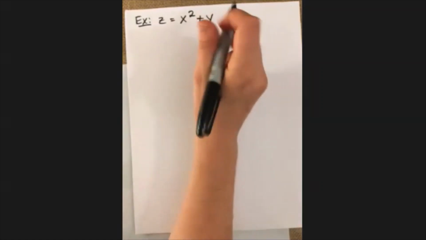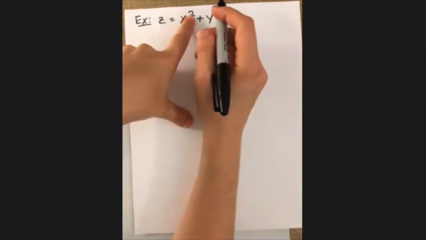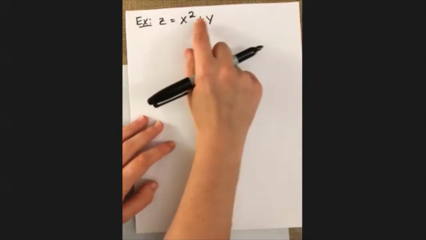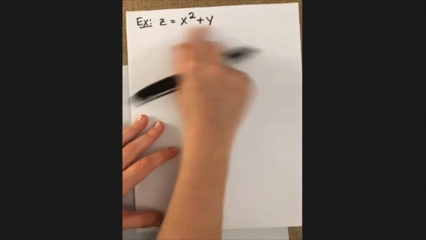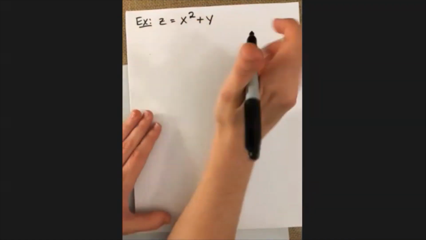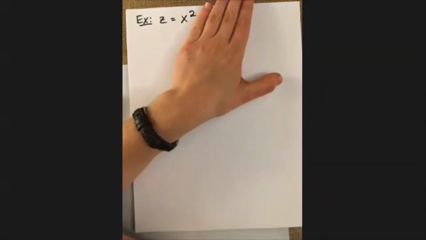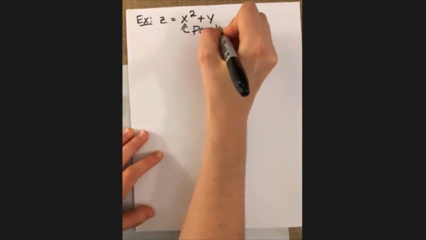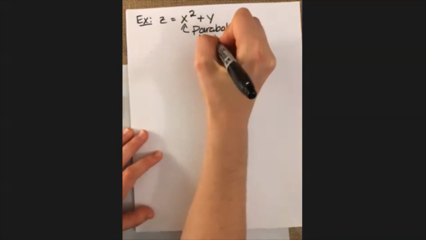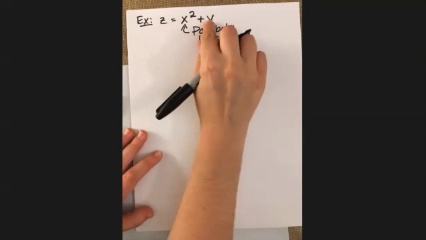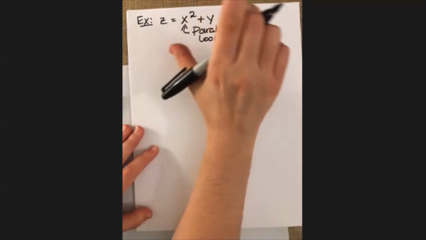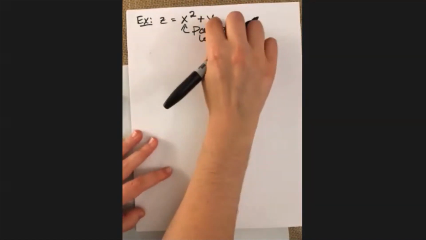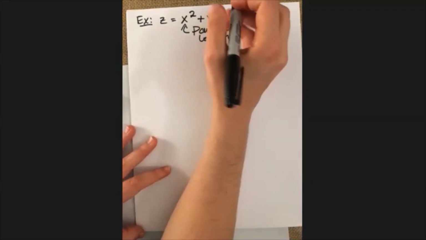Anytime that you see a squared on one of these terms, you should think, okay, maybe this looks sort of like a parabola, especially when there's a squared only on one term and not on the others. So this z equal x squared indicates that there's a parabola involved. And then when we add this y to it, instead of making the circular cone shape like we had in the last example, since we're just adding y and not y squared, it doesn't create the circular pattern.